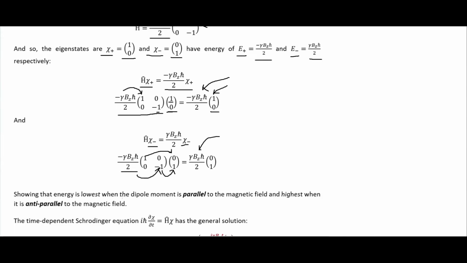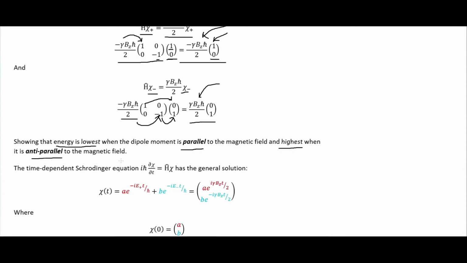And so we see that this shows that the energy is lowest when the dipole moment is parallel to the magnetic field, which is this right here. And the energy is highest when it is anti-parallel to the magnetic field, which was this right here, because it's positive energy.